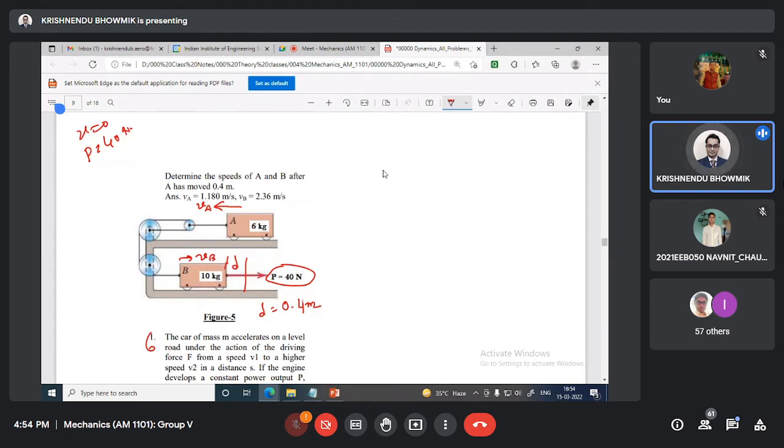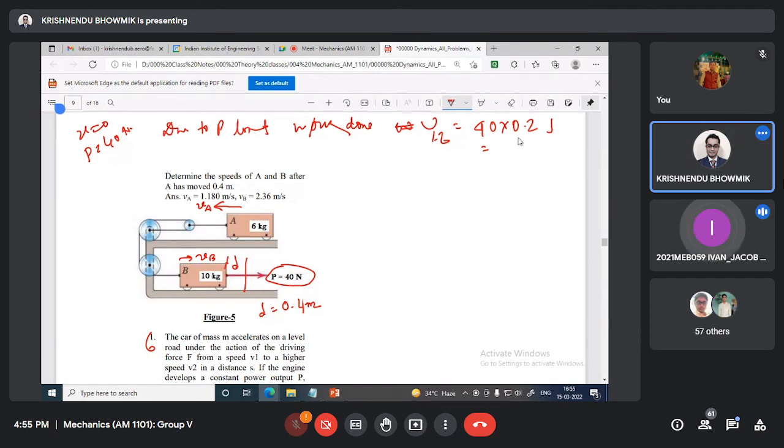So due to P load, work done. What will be the work done, W or U12? 40 multiplied by 0.2 joule. Sir, here A has moved 0.4 meters.